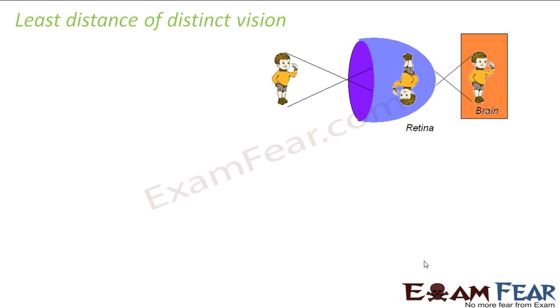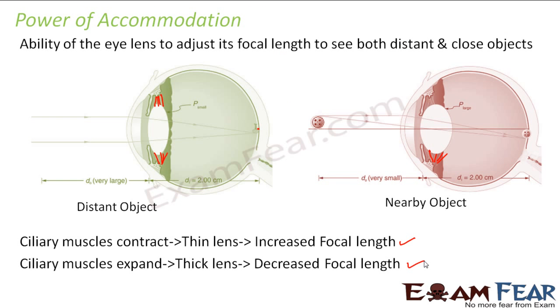Why does that happen? As I mentioned in my previous slide, there is a limitation for the ciliary muscles to contract beyond which they cannot contract. So the focal length can also be decreased only to a certain minimum value. If you look at the previous slide, you can see that the ciliary muscles can contract.